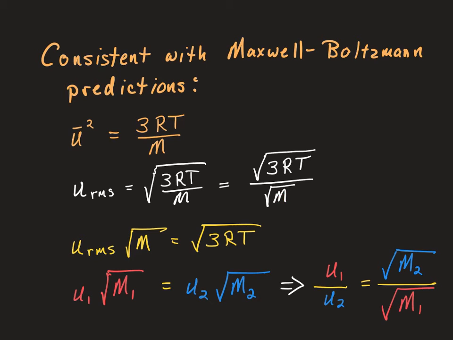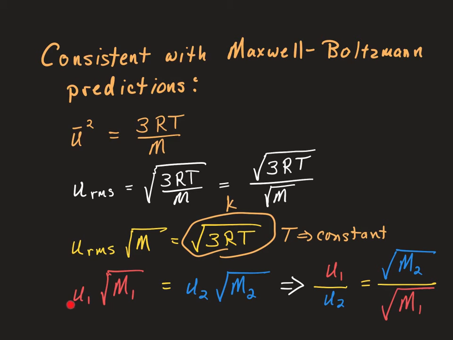We can multiply both sides by the square root of the molar mass. So we get the root mean squared velocity times the square root of the molar mass equals the square root of 3RT. If the temperature is constant, then this becomes a constant, and so we can do the same thing we did before.